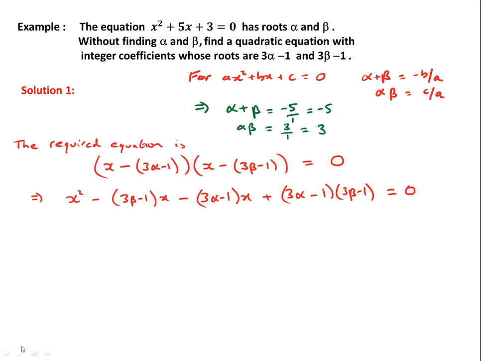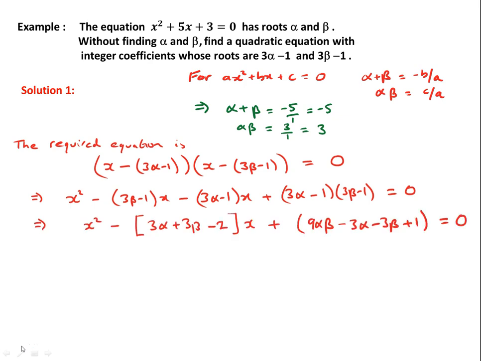And if we then collect together the x terms, that's going to be x squared minus (3 alpha plus 3 beta minus 2) lots of x. And then the constant term is 9 alpha beta minus 3 alpha minus 3 beta plus 1.